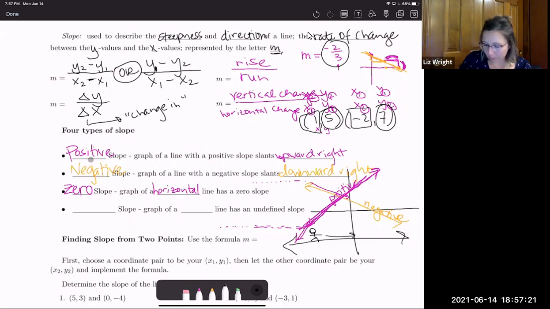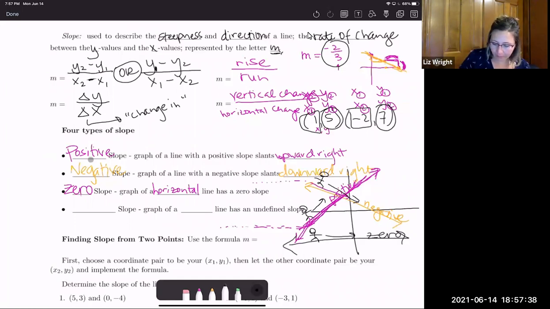It's a zero slope. So again, if we're talking about our guy going up the hill, or a little guy here going down the hill, it's a negative slope. Going straight across, that's a zero slope. We haven't gone up, we haven't gone down, that's zero.